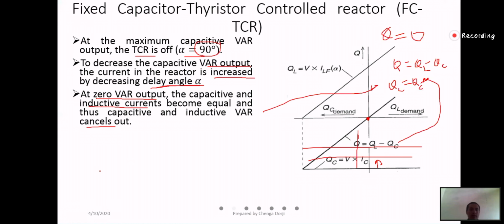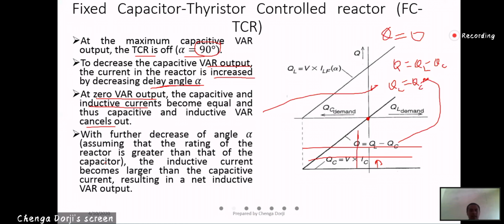Now with further decrease in alpha, the inductive current becomes larger than the capacitive current, resulting in a net inductive var output.